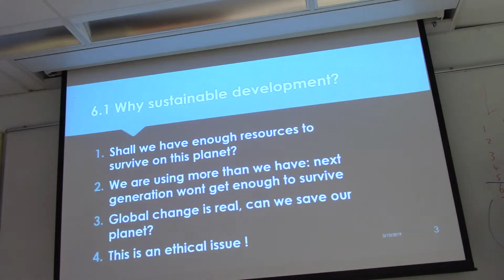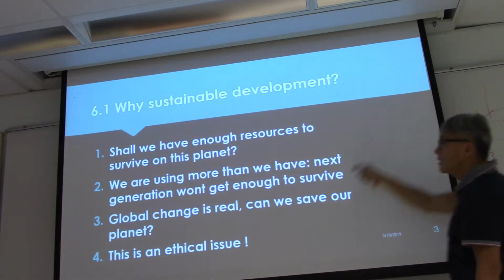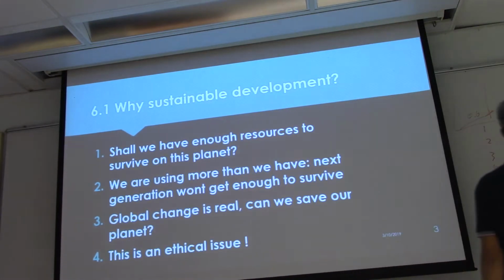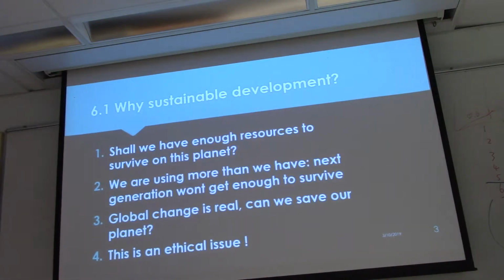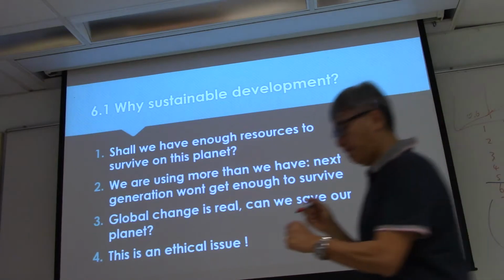Last century, we increased about 0.6. We are already seeing a significant global change. So we would like to turn it down to 2 degrees. That's a 2 degree hope.